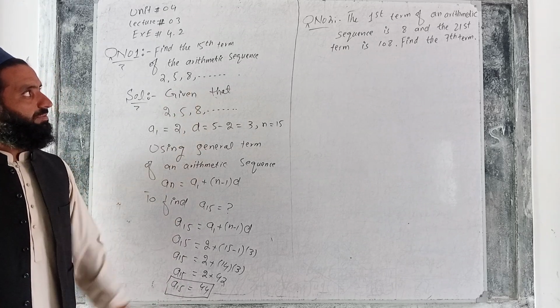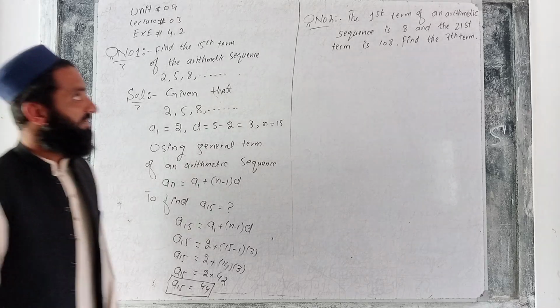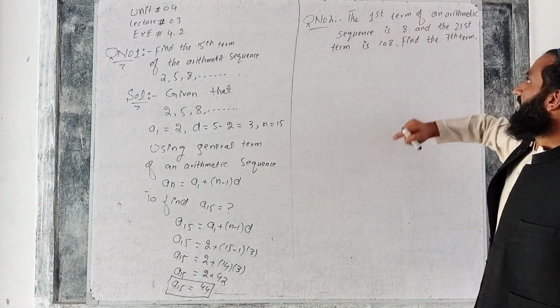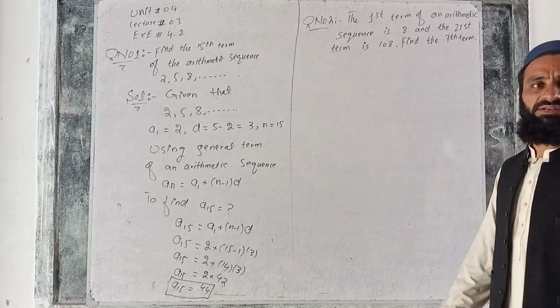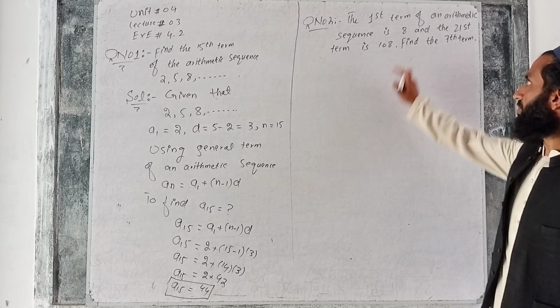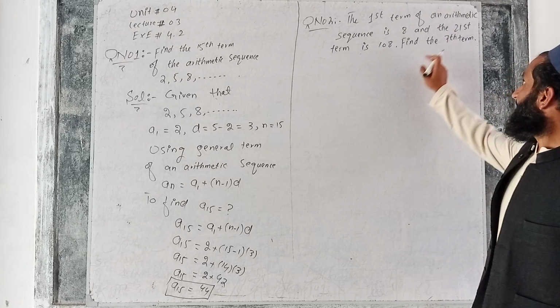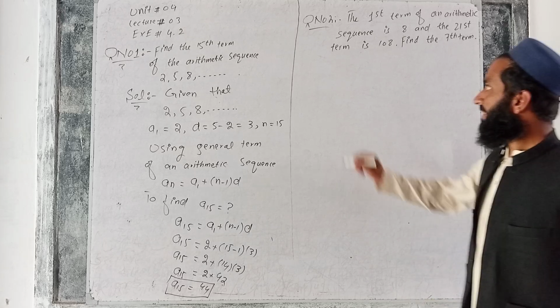Now let's come to question number 2, which is: the first term of an arithmetic sequence is 8, meaning that the first term of the arithmetic sequence is equal to 8, and the 21st term is equal to 108. Find the 7th term.